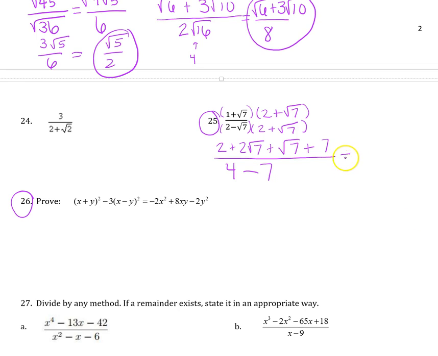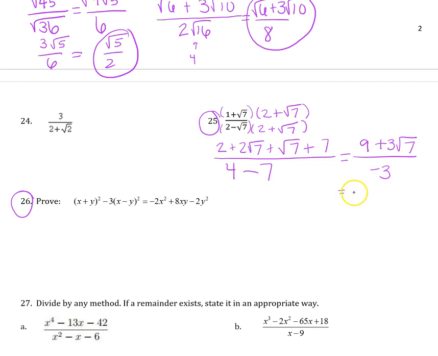Okay, I'm going to clean this up a bit. So I've got 2 and 7 gives me 9. 2 radical 7 and radical 7 is 3 radical 7. And my denominator is negative 3. The 9, 3, and negative 3, each of these can be divided by negative 3.